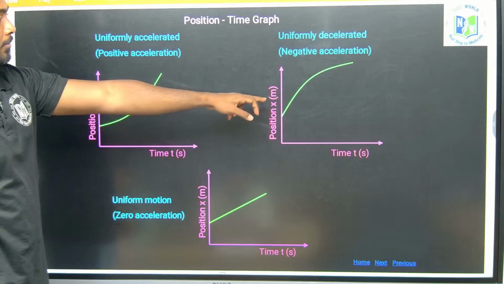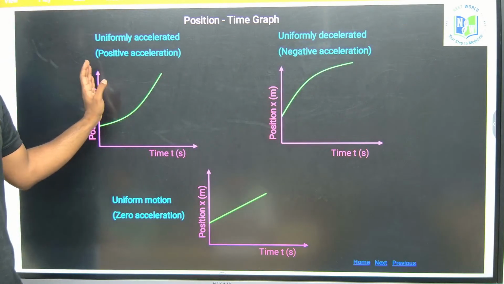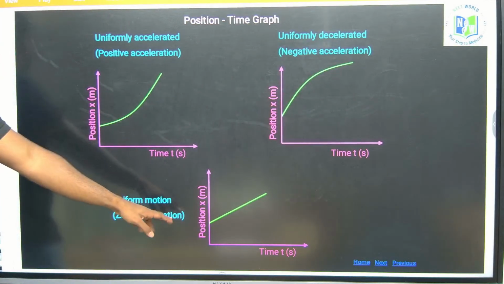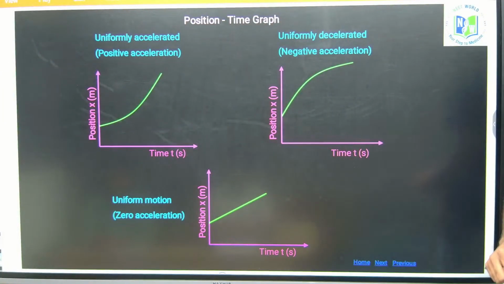But if you see here, uniformly decelerated. This is the graph for uniformly accelerated, graph for uniformly decelerated, and this is for uniform motion, where the angle is the same. Take a note of this.